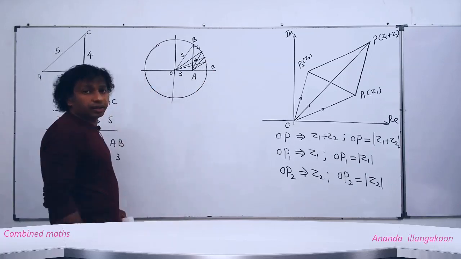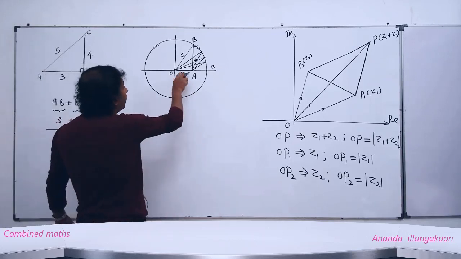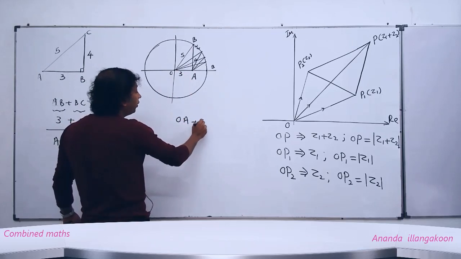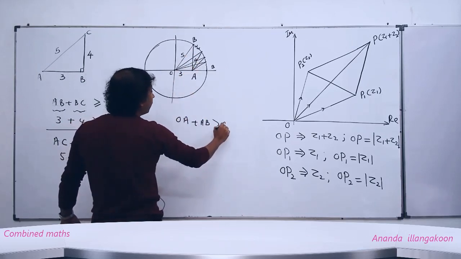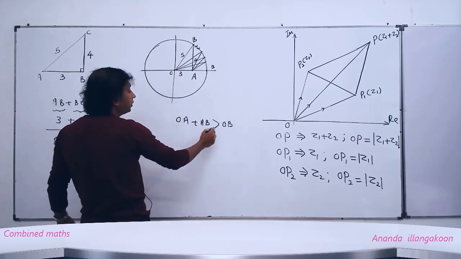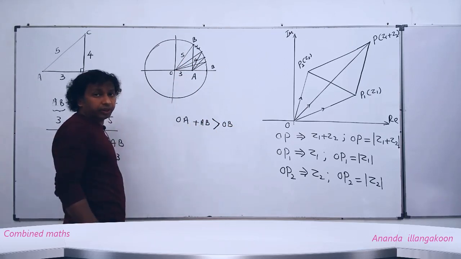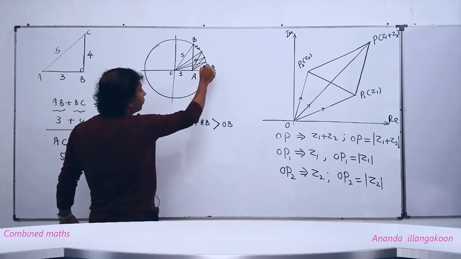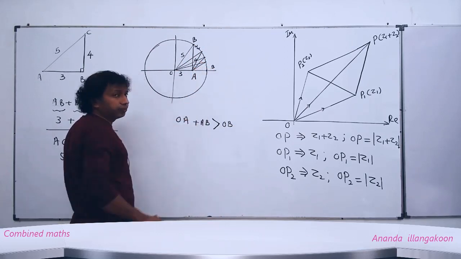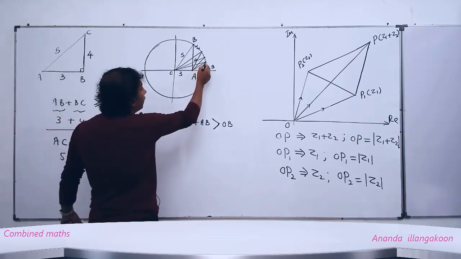Then the triangle is a straight line. Then OA plus AB greater than OB. This greater than sign becomes valid, people, until the point B comes up to this, just before B, not at B. At B, you can see this side.